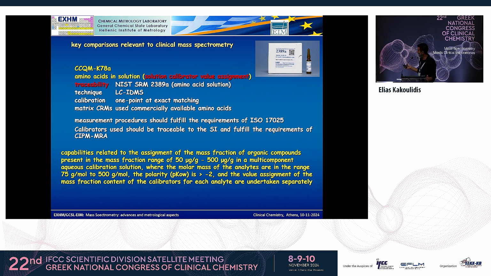We do also measurements with mass spectrometry to characterize the calibrants that are being used to calibrate the spectrometers, because you need primary calibrants. This is an exercise regarding measuring amino acids in calibrants.